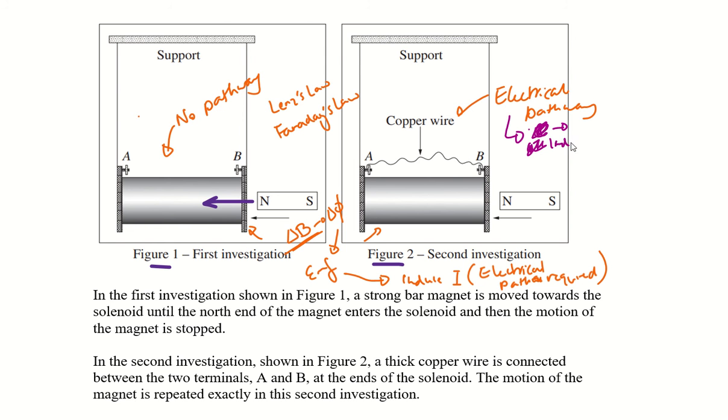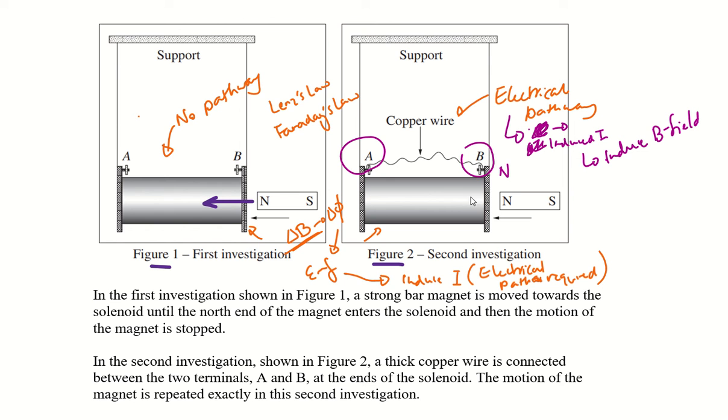So induced current can then create an induced magnetic field. According to Lenz's law, this magnetic field must oppose the motion of the thing that originally caused it. That's Lenz's law. So what that means is this B here and this A here, we're going to generate a field if the magnet is trying to move into the solenoid.